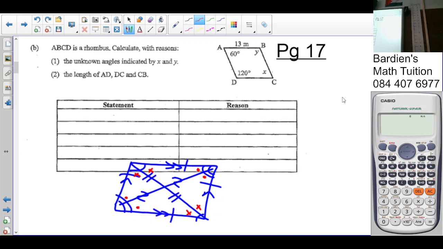Right, nobody. Somebody is saying it vaguely, that the diagonals bisect each other at 90 degrees. There are three shapes where that is the case. One of the shapes is a rhombus. What are the other two? Squares?